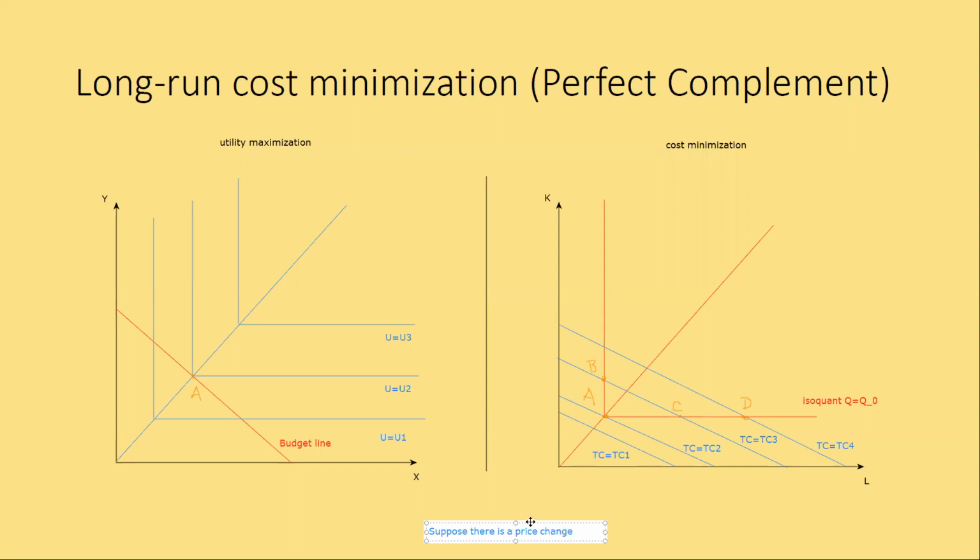And by a price change, we mean that Px increases, or in the producer theory, W increases. When Px increases, this will make the budget line steeper. And when W increases, this will make the isocost lines steeper.